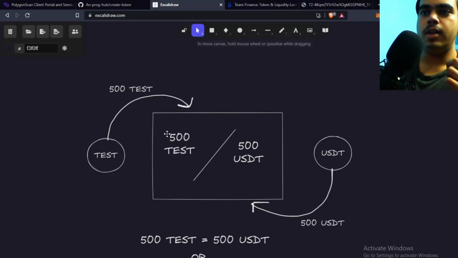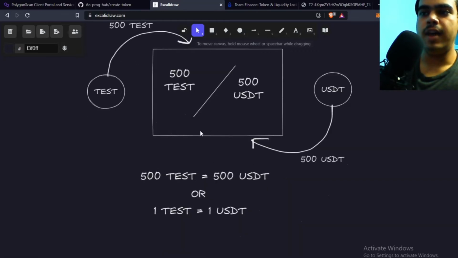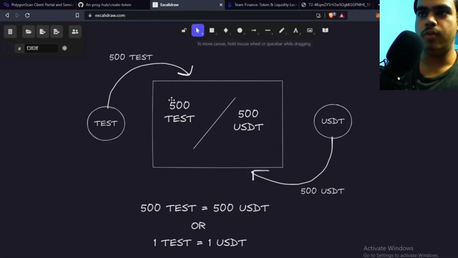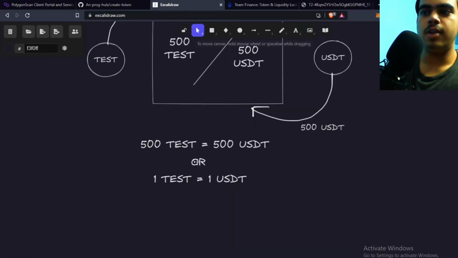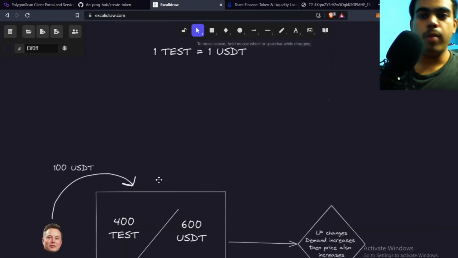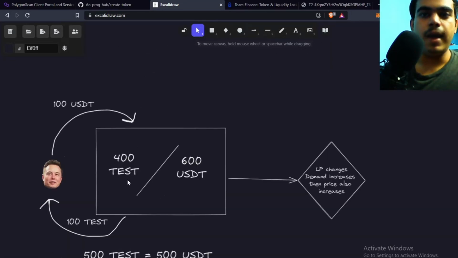Now this is a pool of liquidity wherein both of these match up. If I take the ratio of both of them, it turns out to be 1:1, which means one test token is equal to 1 USDT, right? But the main problem arises when a buyer wants to buy a certain token in exchange for another currency.